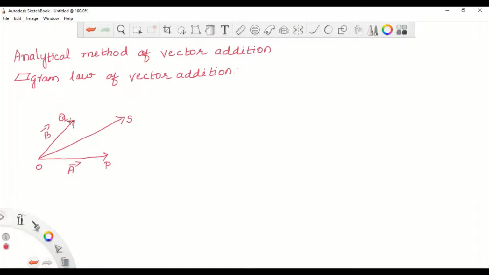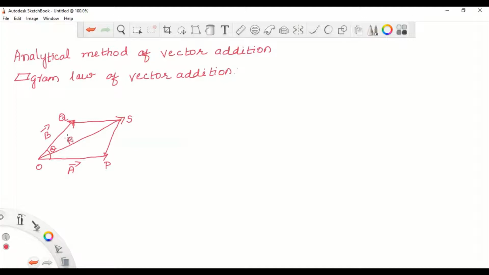Now let us complete this parallelogram, and this will be the angle theta.